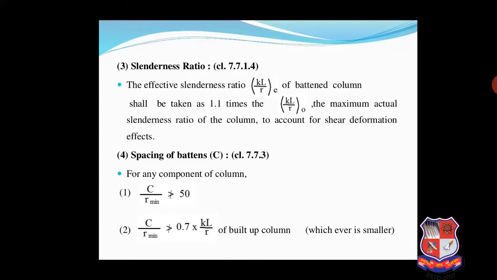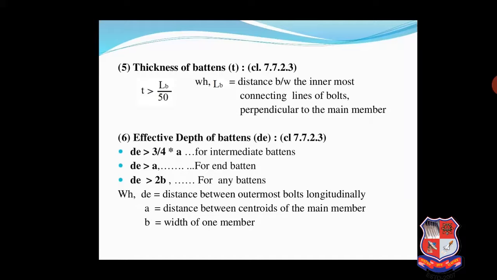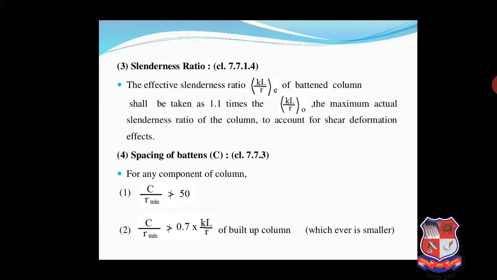Next step, spacing of batten, denoted by C, clause number 7.7.3. For any component of the column, there are two criteria for finding C. First, C upon r minimum not greater than 50.